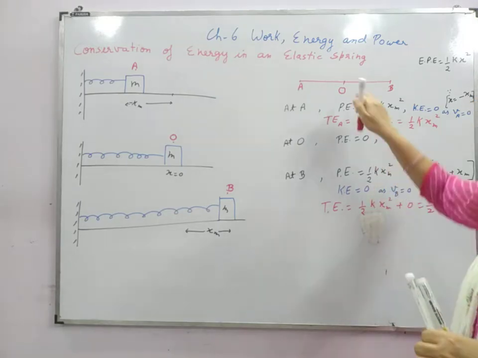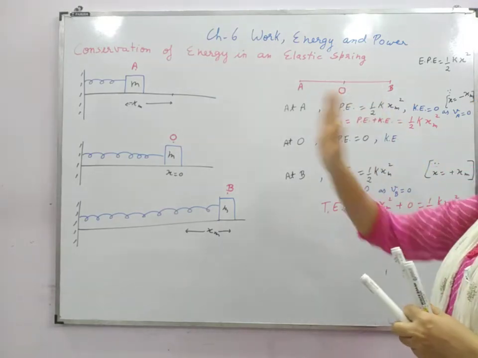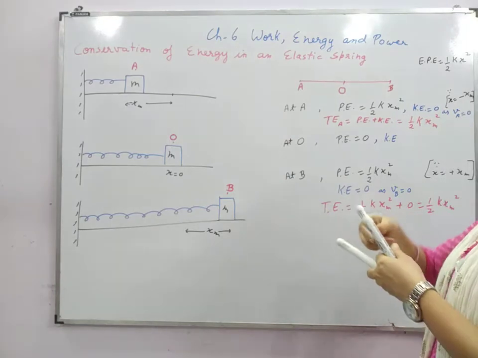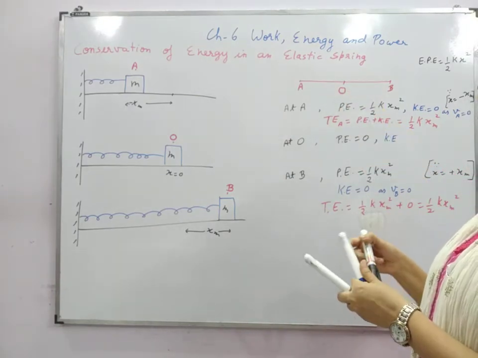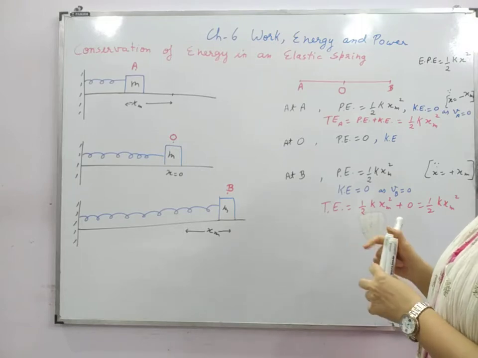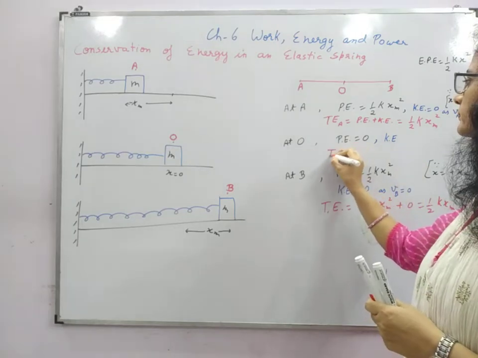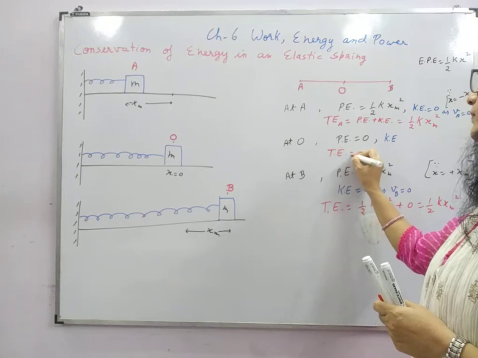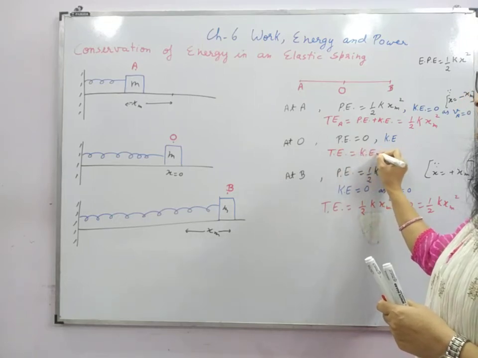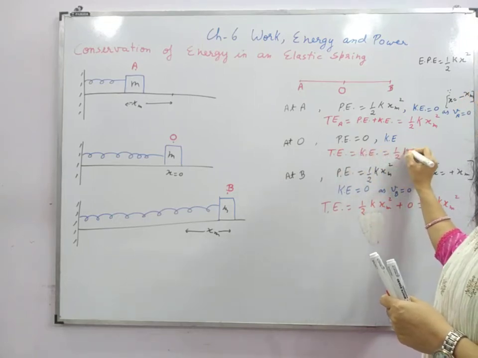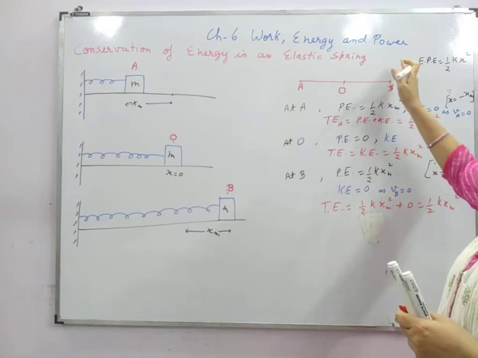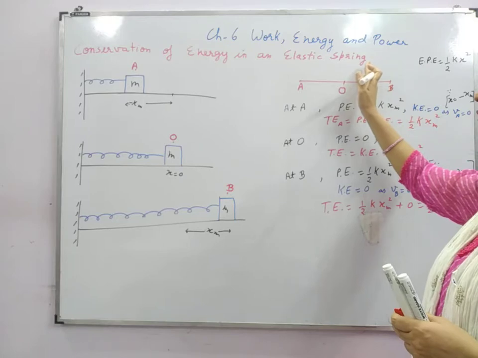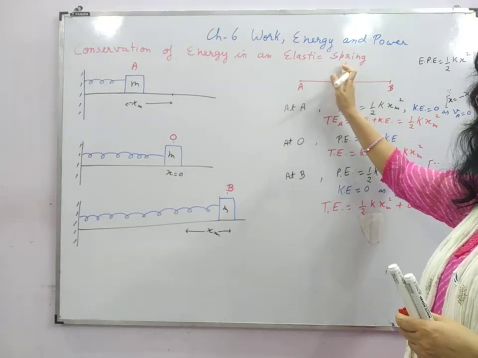And at the mean position, we know it crosses the mean position, but here also the total energy will be constant. So I can say that the total energy is equal to the kinetic energy, which is half k xm square, because whatever potential energy was there is converting into kinetic, and here it is totally converted to kinetic.